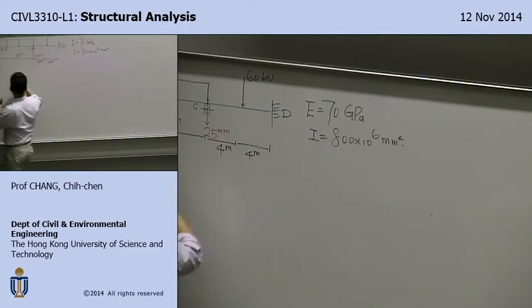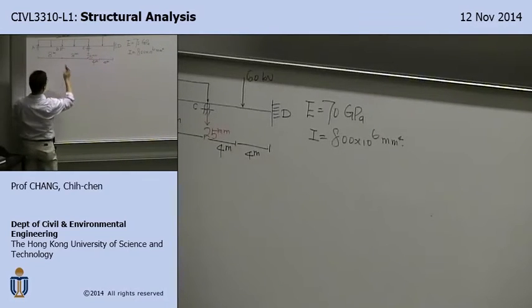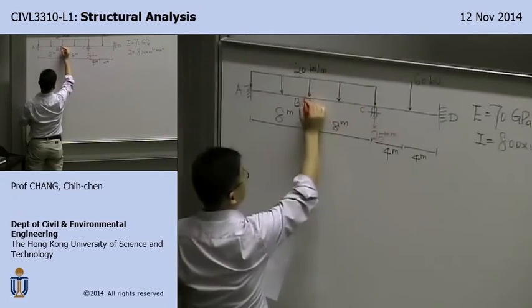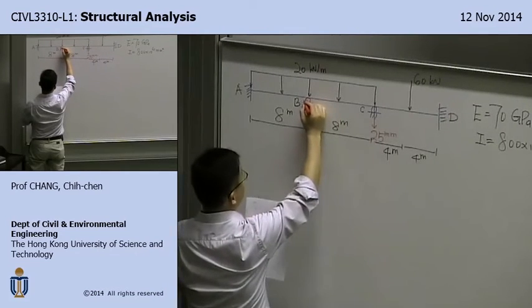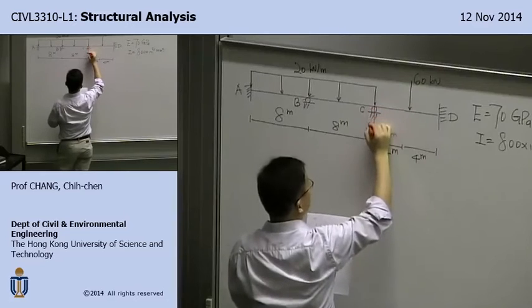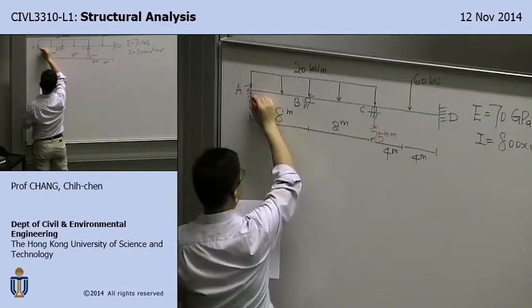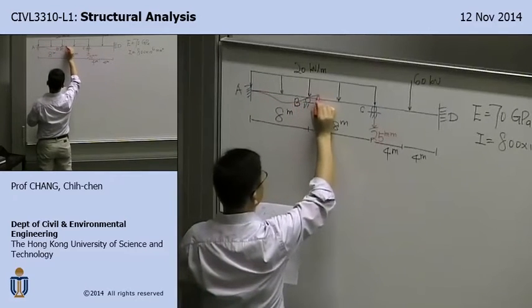So draw the deformation shapes. Imagine that this is going to be rotated, but goes down this way. So it's going to be something like this.